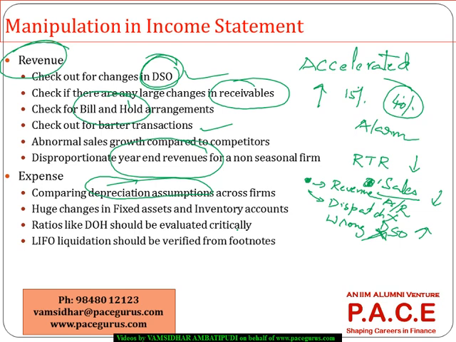Same thing with respect to the inventory costing mechanisms, and at the same time look at any drastic changes to the fixed assets or the inventory accounts. Right? If there is a huge change in those numbers, there is a high possibility that the sustainability of those has to be suspected. So from that standpoint, look out for days of inventory on hand.